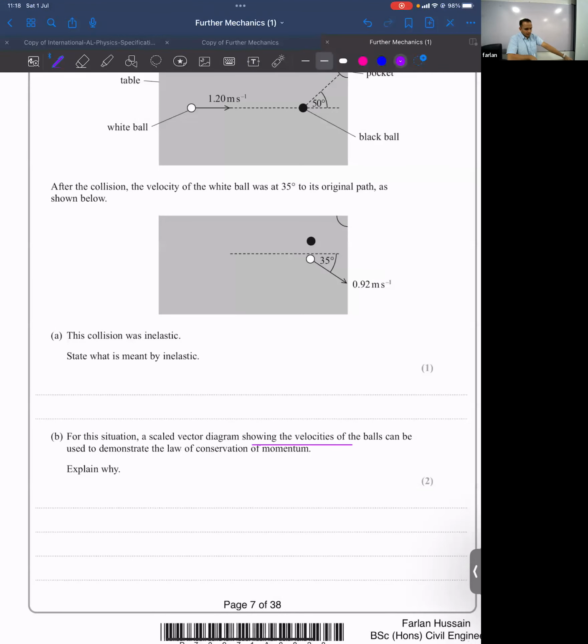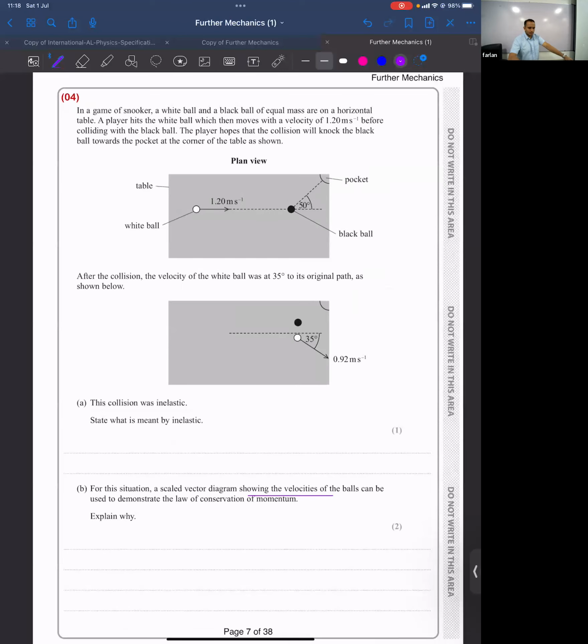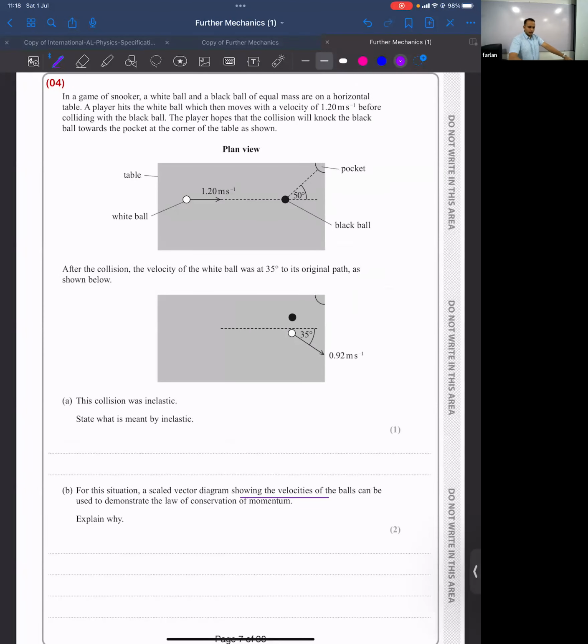But here they are saying a scale vector diagram showing the velocities of the balls can be used to demonstrate the law of conservation of momentum. Explain why. If you read the question carefully, you will get the answer. In a game of snooker, a white ball and a black ball of equal mass. Both balls have equal mass.